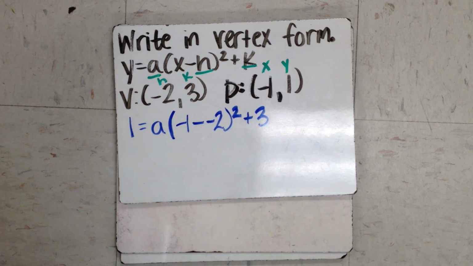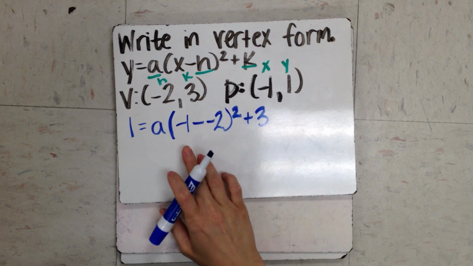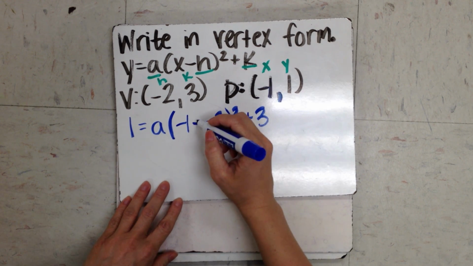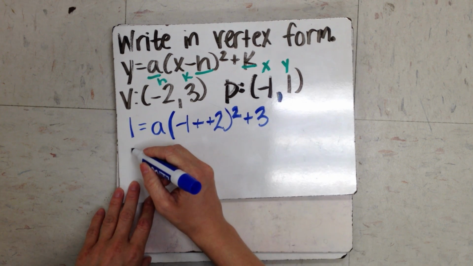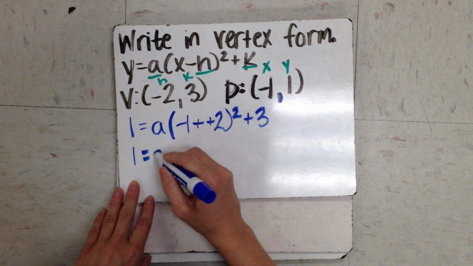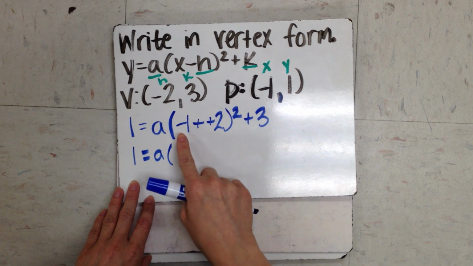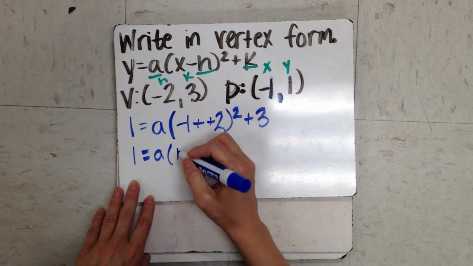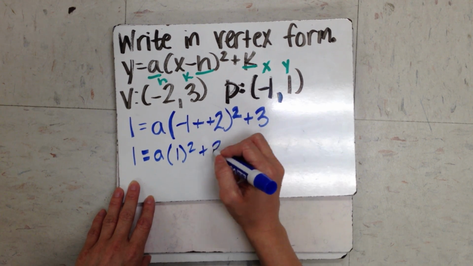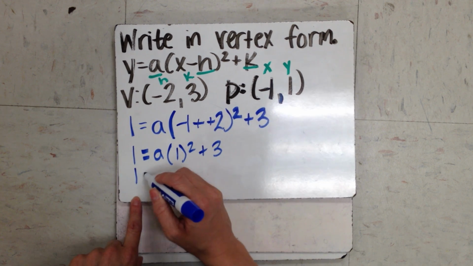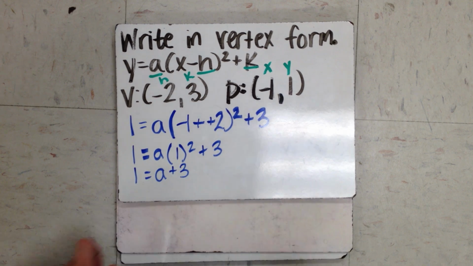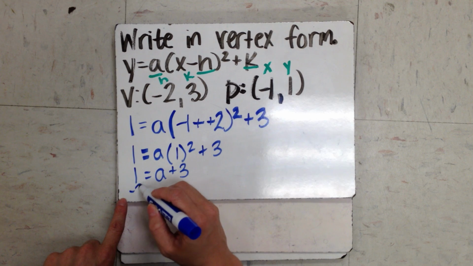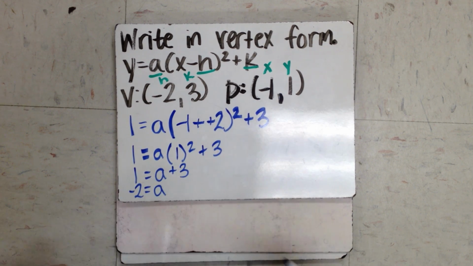Now, here we have an order of operations problem. Inside, -1 minus -2 is really saying -1 plus 2. So we can write this as 1 equals a, open parentheses, -1 plus 2 is 1, squared, plus 3. So we get 1 equals a, 1 squared is 1, plus 3. Solve for a, a one-step linear equation: subtract 3 from both sides, and you get -2 equals a.